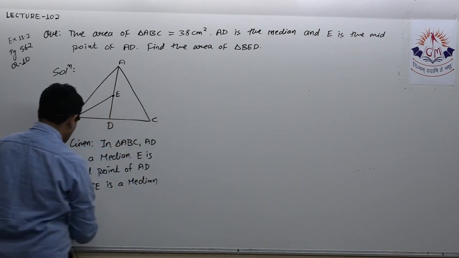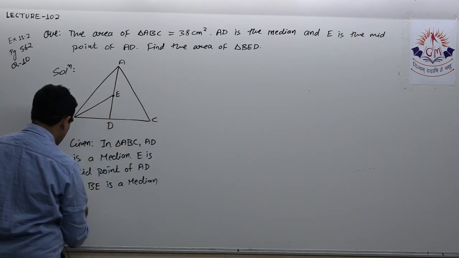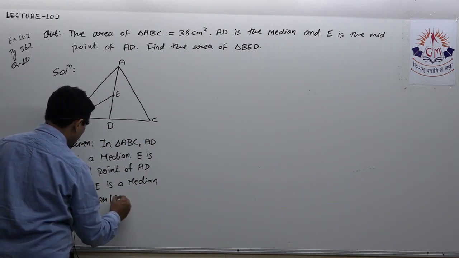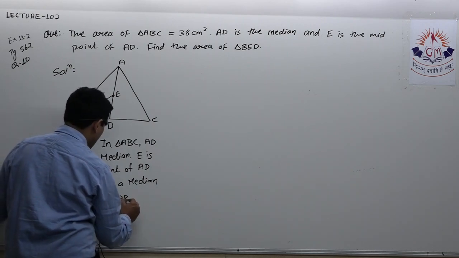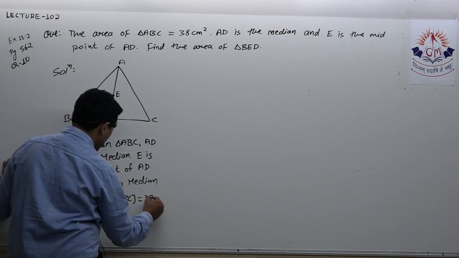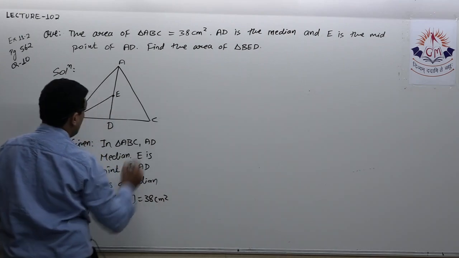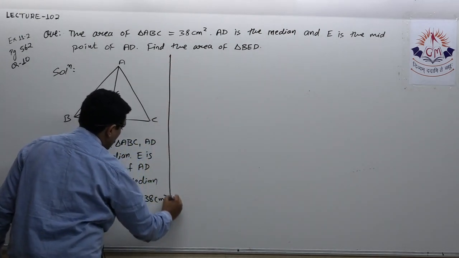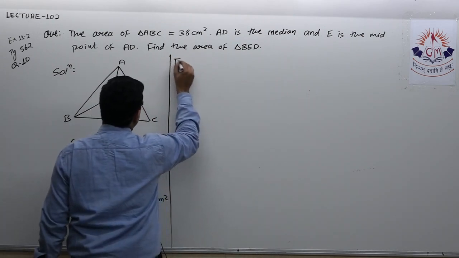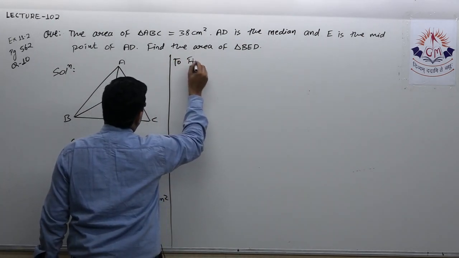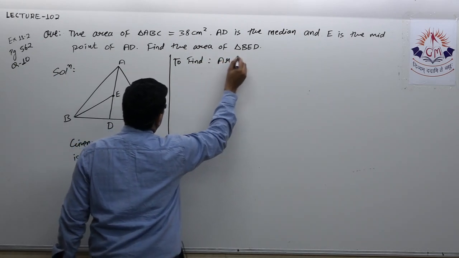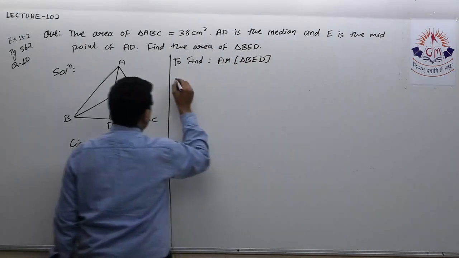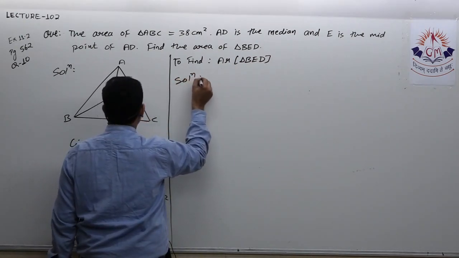Also we have area of triangle ABC equal to 38 centimeter square. So what we have to find is the area of triangle BED. So let us see its solution.